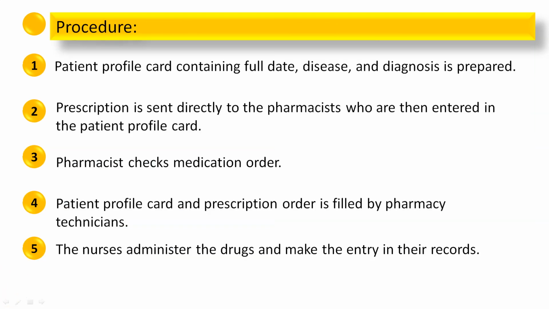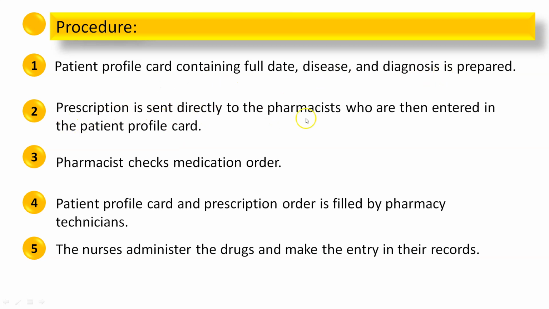Now we shall understand the procedure of the decentralized unit dose dispensing system, how it operates. As I told you, this operates through small satellite pharmacies located on each floor of the hospital. The procedure is: the patient profile card containing full data, disease and diagnosis is prepared.